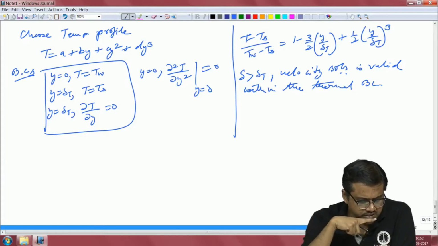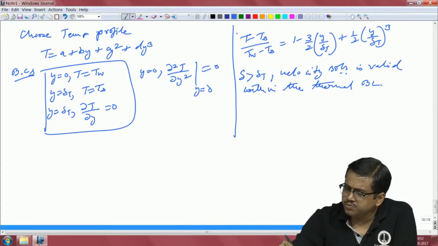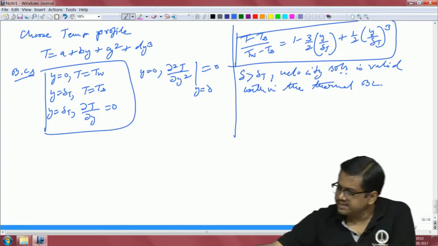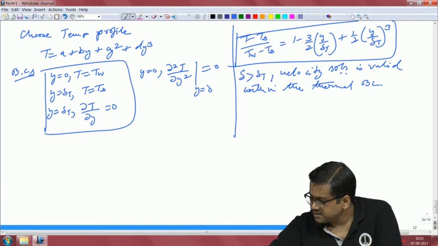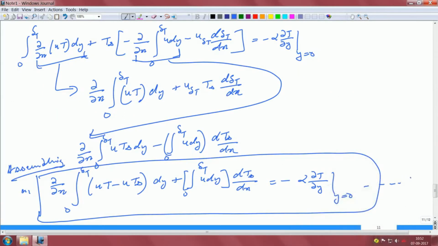So, what we need to do now is pass this temperature profile inside the full temperature equation that we got here. Let's call this equation A. That is where we need to substitute, and we already have the velocity expression ironed out, because your u was already known. So, it is not very difficult to do this.